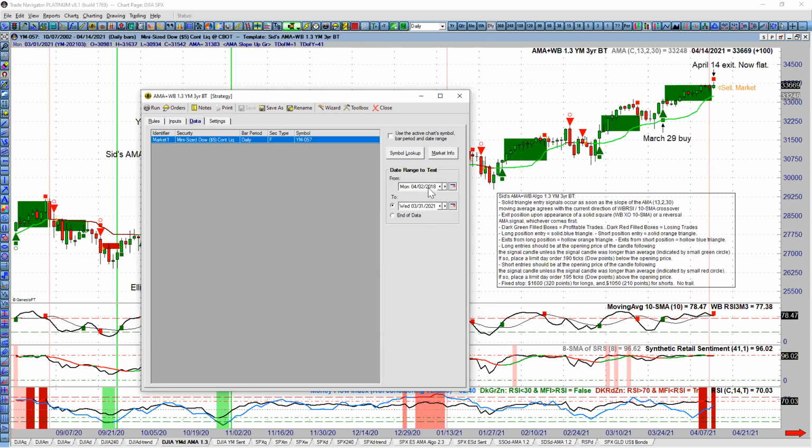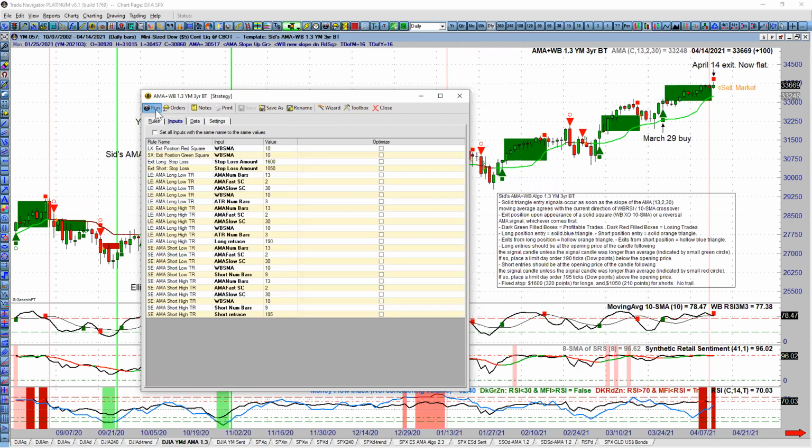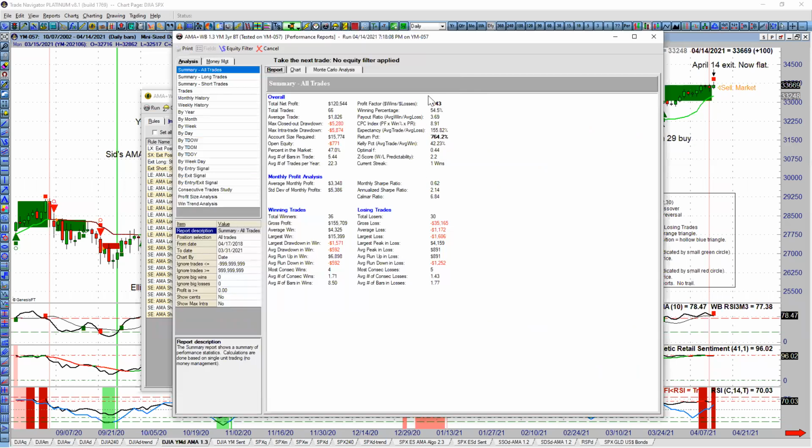So every quarter, I update it to where the start point of the backtest is exactly 3 years ago, and I do the backtest and the optimization of all the settings that way. So when I run this, it came up in a different monitor. I'll bring it over. So here are the results of how this algo traded over the last 3 years. Had the settings been in place over the last 3 years, these are the results.